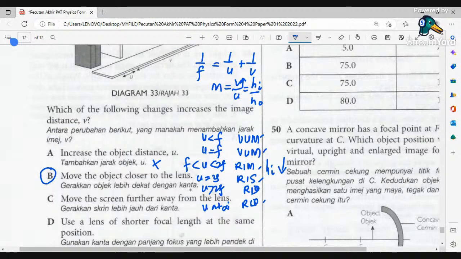Nampak tak di sini? U increase, image smaller, decrease size of image. So if you want the image is bigger, you kena put the object closer to the lens. Jadi jawapan ialah B, boy.